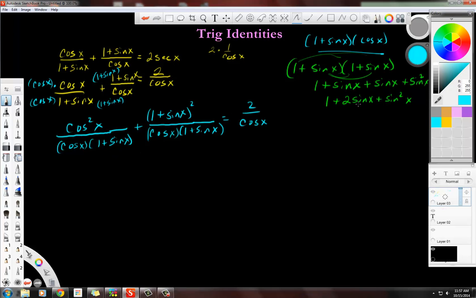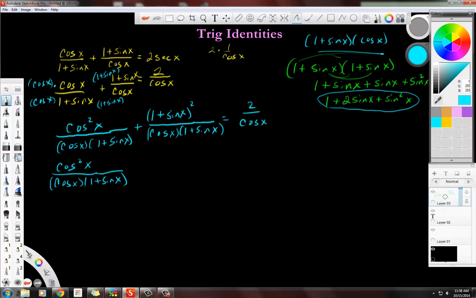Let's go back to blue. This thing is going to take the place of that. Okay? That's where that's going to go. So next layer, I have cosine squared x, cosine x, 1 plus sine x.